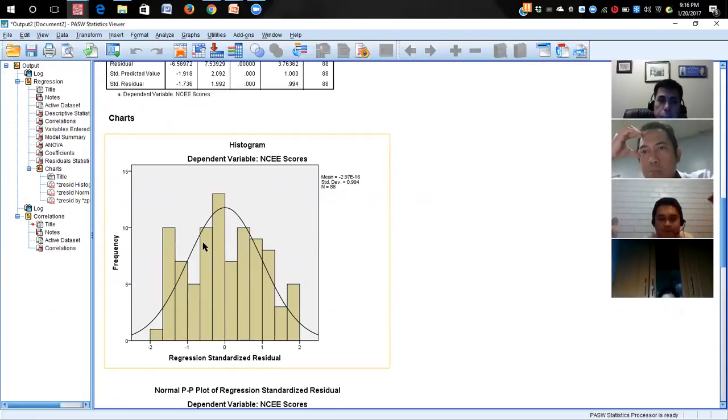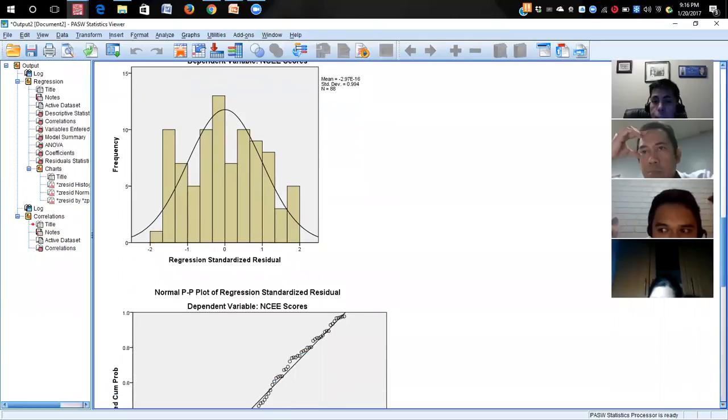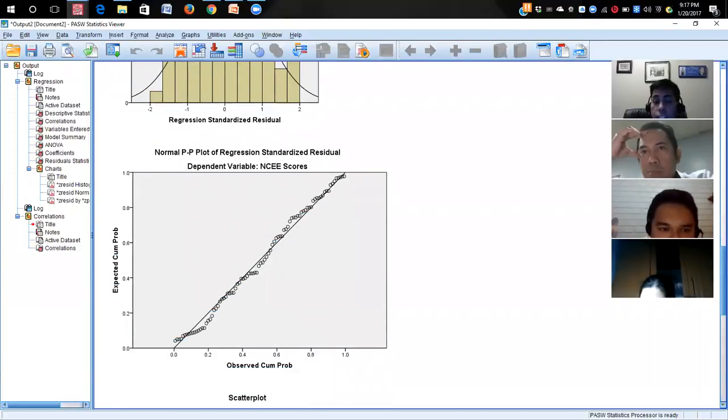As you can see, it's a perfect bell shape. So that's another way to check that it definitely meets the assumption that it's normally distributed, and that the variances are homogeneous.